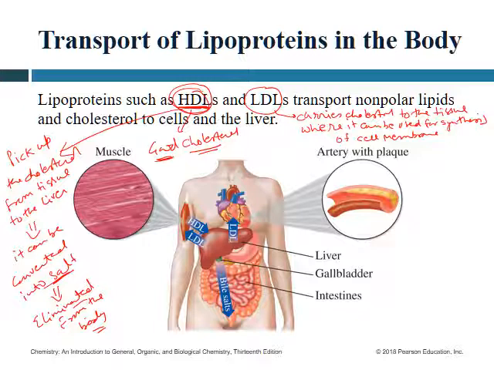Whereas the cholesterol that's present in the LDL, low density lipoprotein. If this low density lipoprotein carries a high amount of cholesterol and goes to the tissue where it is needed, sometimes the tissue doesn't want that high number of cholesterol molecules.